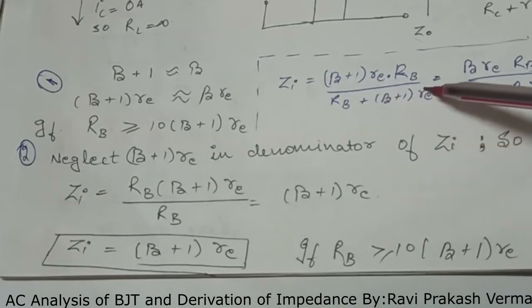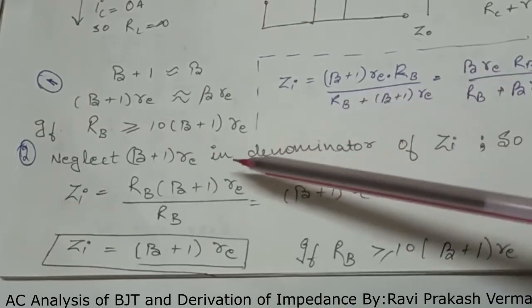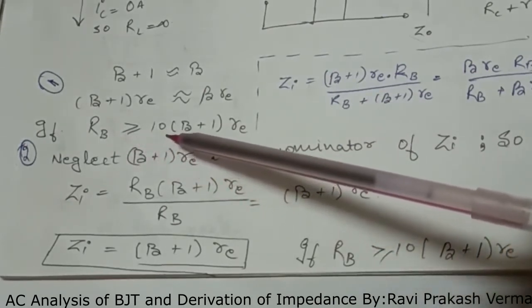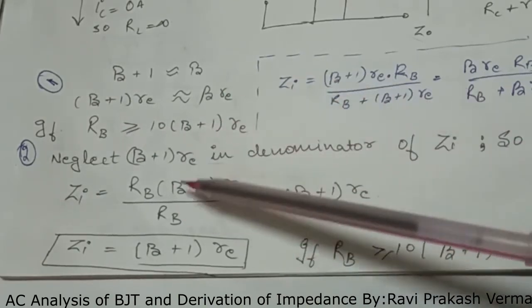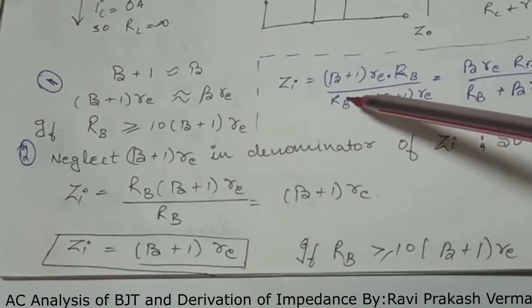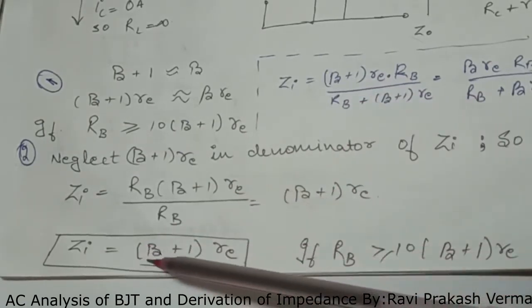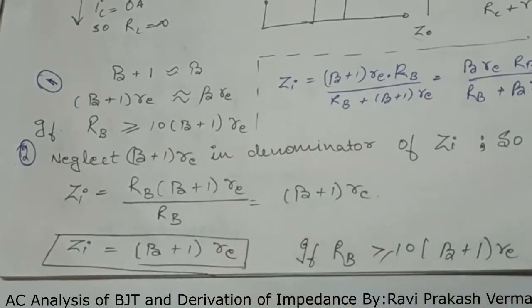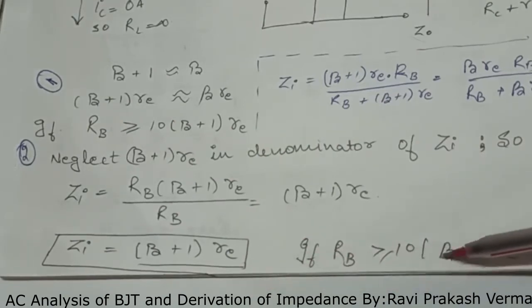Putting this approximation in the input impedance equation, the final input impedance we get is (beta plus 1) RE. This is the condition when RB is greater than or equal to 10 times (beta plus 1) RE.